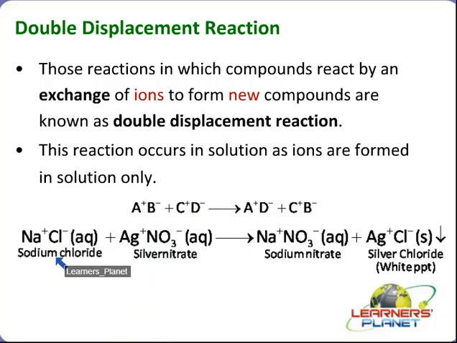Nitrate replacing chlorine, one displacement. Chlorine replacing nitrate, another displacement. So there are two displacements here. Now this is a double displacement reaction. The two substances are displacing each other. So this is an example of double displacement reaction.